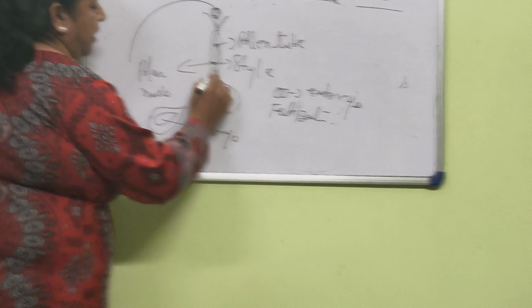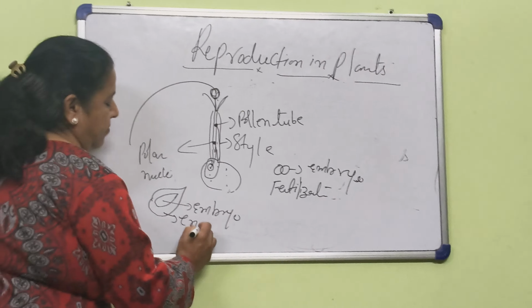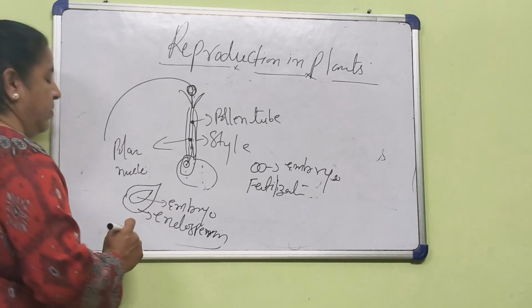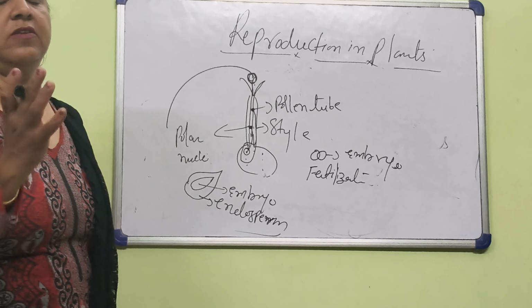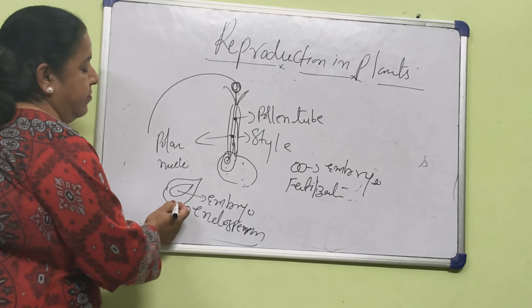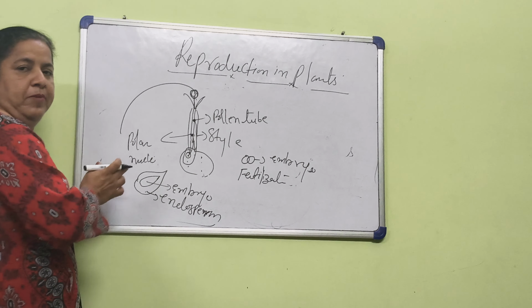And this second nucleus will combine with another cell and form endosperm. Endosperm is what we eat. The yellowish part of the mango you are eating is endosperm, which is required for nourishment of the embryo.